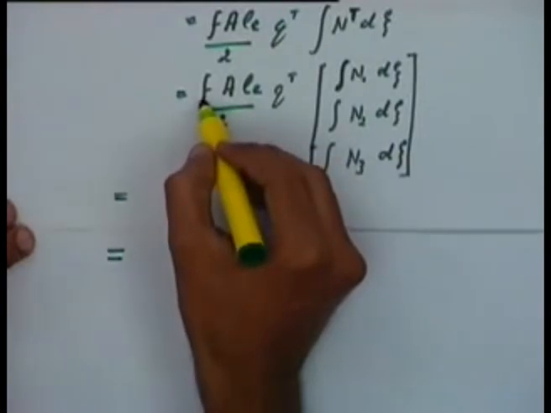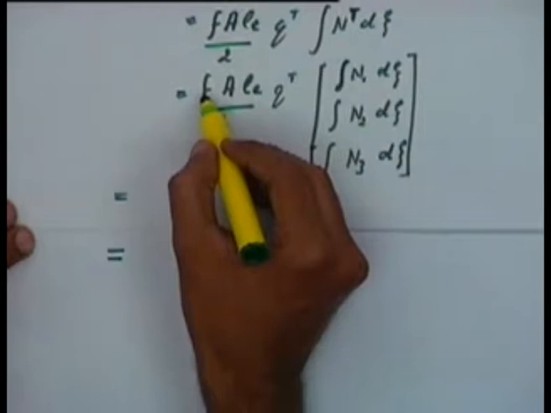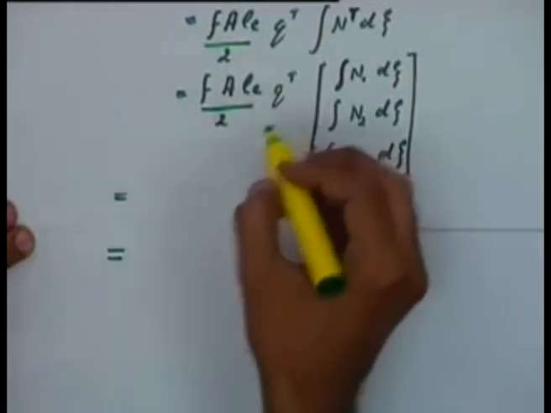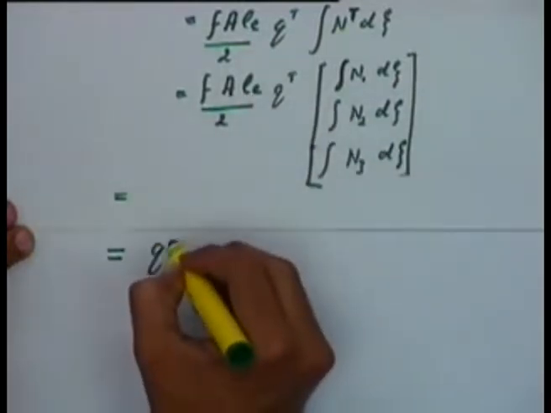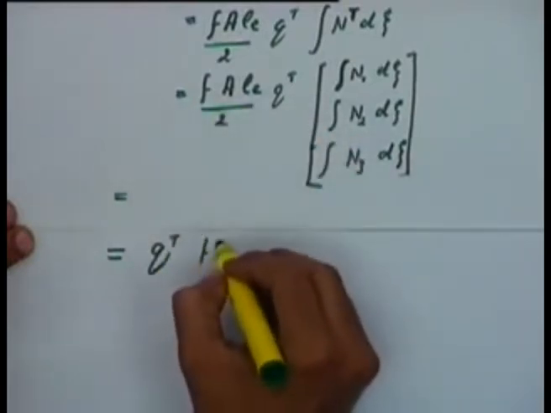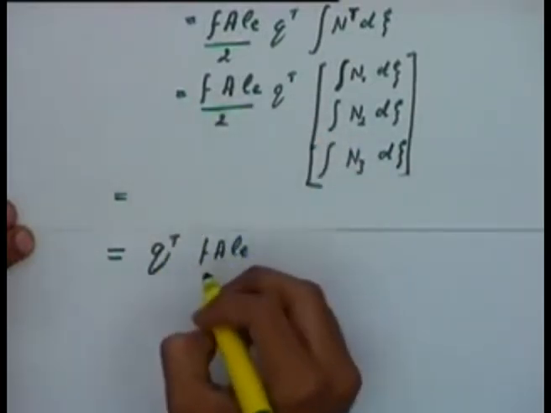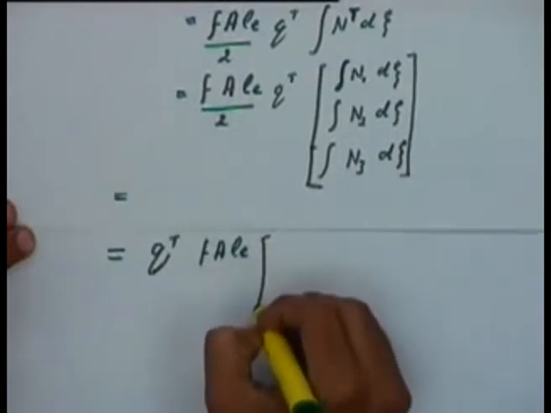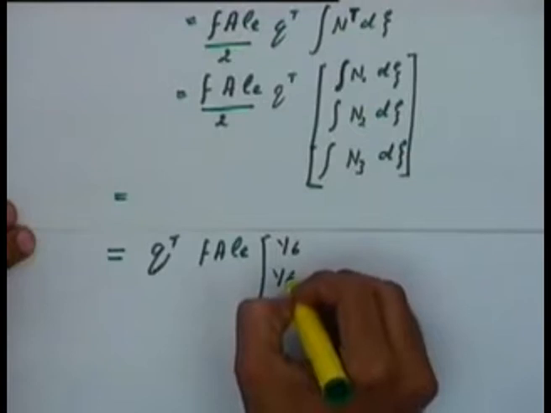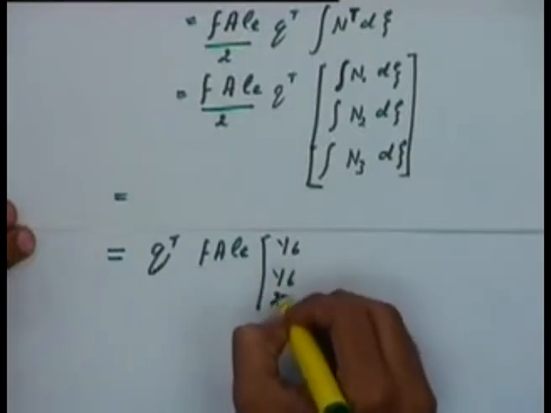F is the unit body force acting on the element, the force per unit volume. A into LE is the volume of the element. So, this will come out to be equal to Q transpose multiplied by F into A into LE, and then inside we get three terms which will be 1 by 6, 1 by 6 and 2 by 3.